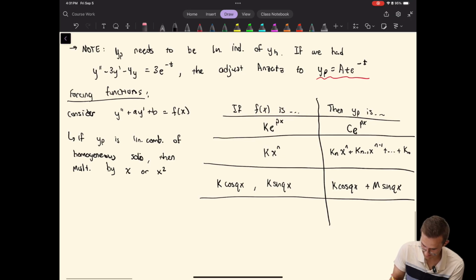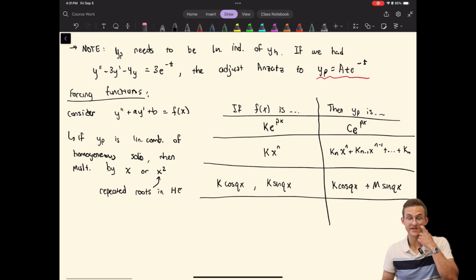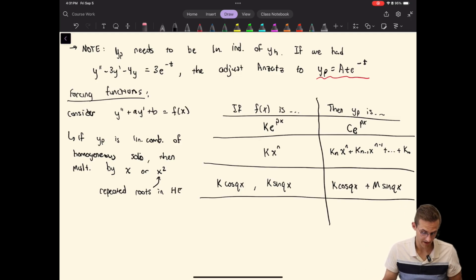The x squared case comes from repeated roots in the homogeneous equation, because in that case you would already have x times that function.